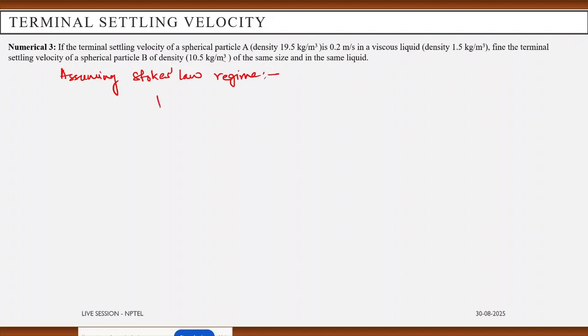we know that terminal settling velocity is proportional to rho p minus rho f.